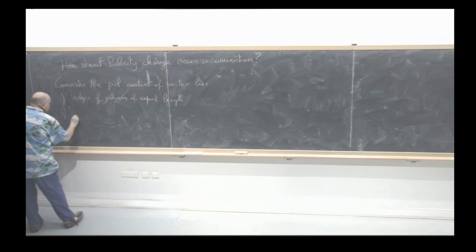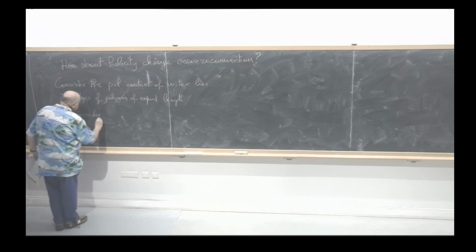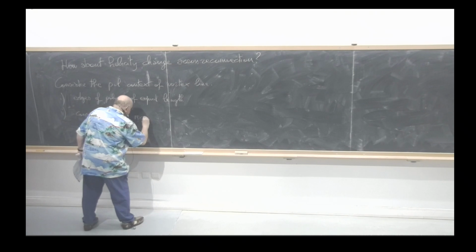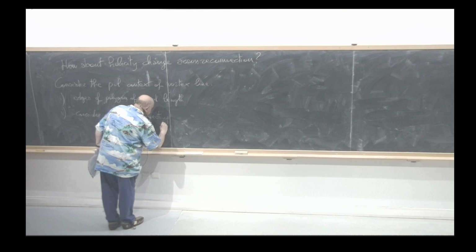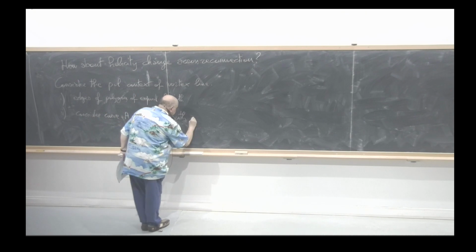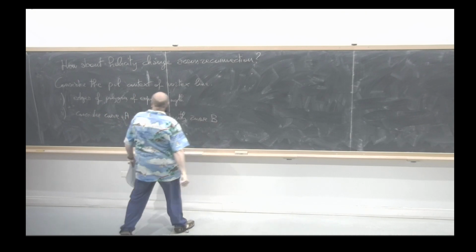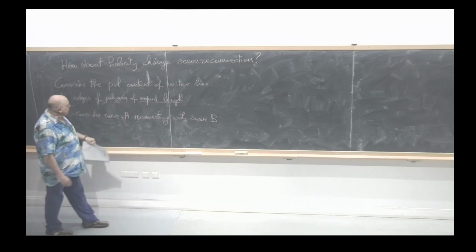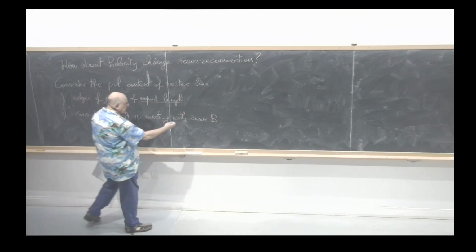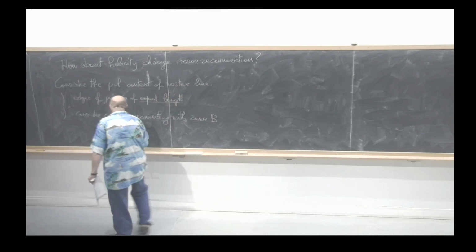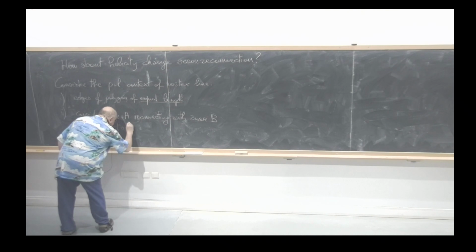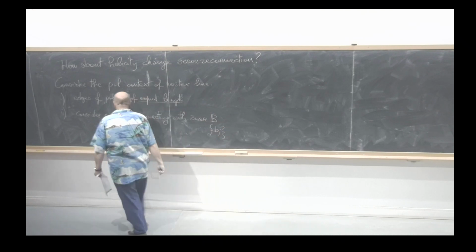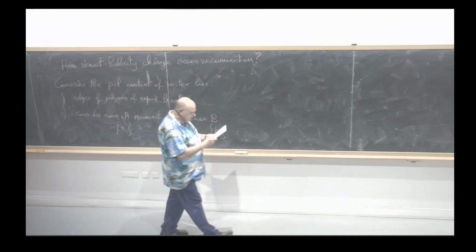Second, consider curve A reconnecting with the curve B. And all these polygons have edges of equal length, A and B. For A, you may think of edges A_I, and for B, you may think of edges B_J, or anyway B_I if you like. They may run on different indices, we'll see.